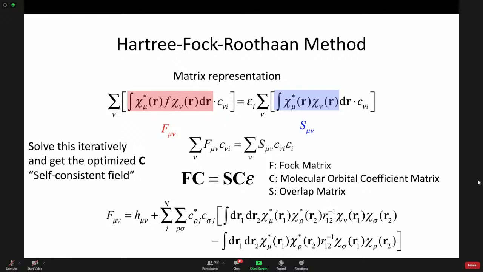Again, we have to solve this numerically, so we solve this iteratively because the C is also included in this part. So we have to solve this iteratively and optimize this C to get the molecular orbitals. As we mentioned, we're doing this because we want to get the molecular orbitals.